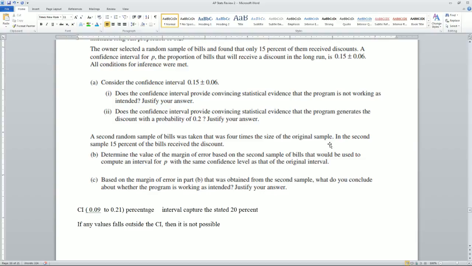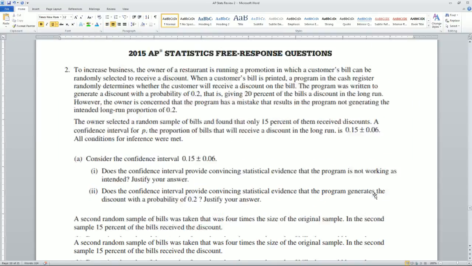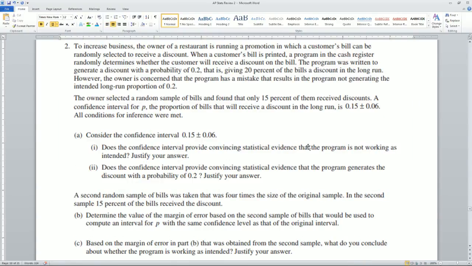No, no, no. Read the question. Look at the words. Here, it's evidence that the program is not working as intended, right?